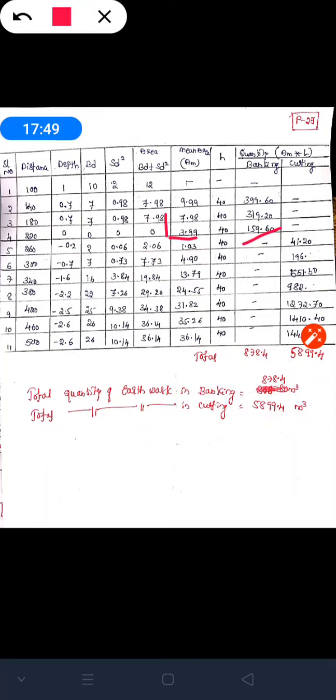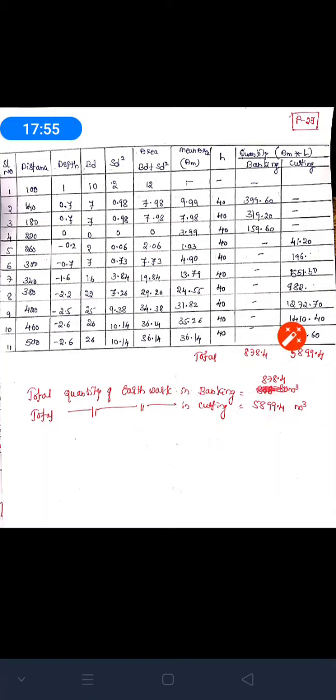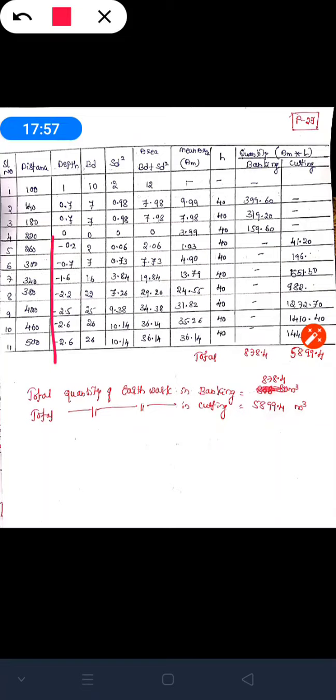Okay, then here you can see it is passing from banking to cutting. The next portion will be the cutting portion. So depth minus 2, no need to consider the minus sign, then multiply by 10, then I got 20. Why multiply by 10? Because it is b into d, guys.